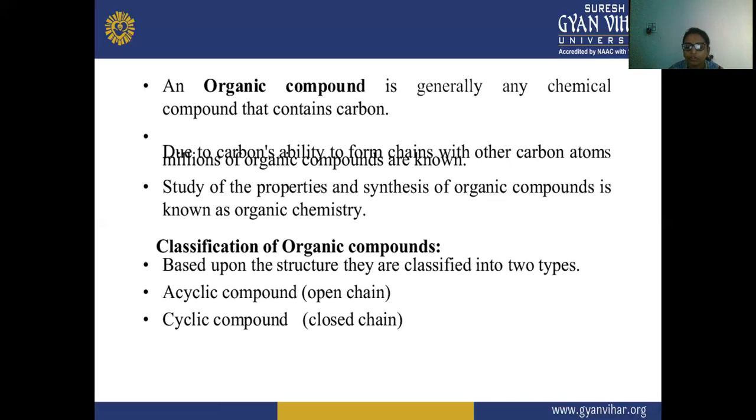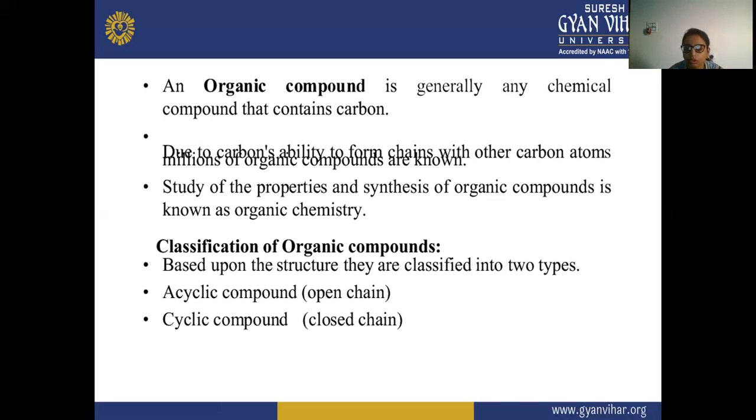On the basis of the structure, we look at how they are connected, whether they are forming a chain or forming a closed cycle. So organic compounds are classified on the basis of their structure, and they are of two types: the acyclic compound and the cyclic compound.